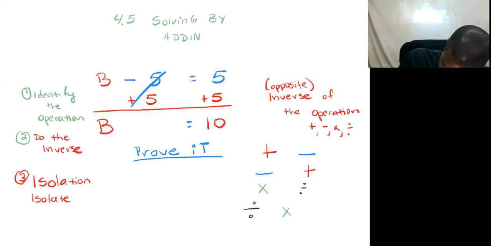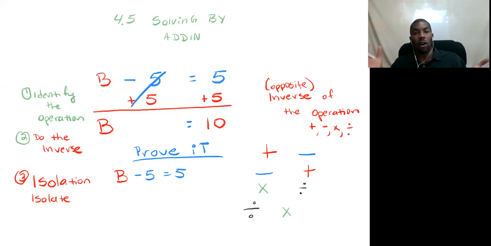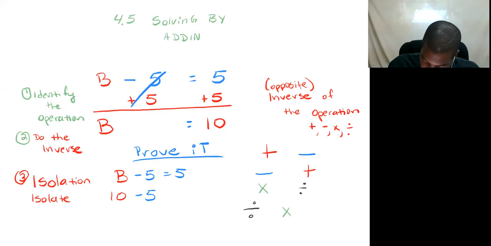The original equation was b minus 5 equals 5. Now all I have to do is replace my variable with what I found it to be, and we said b is 10. So I substitute the 10 for b, and I have 10 minus 5.